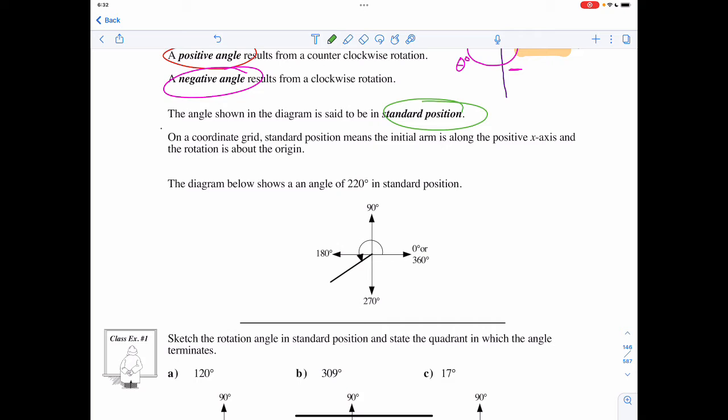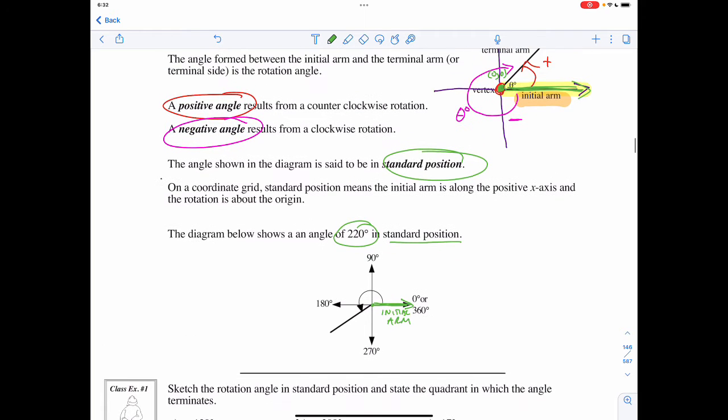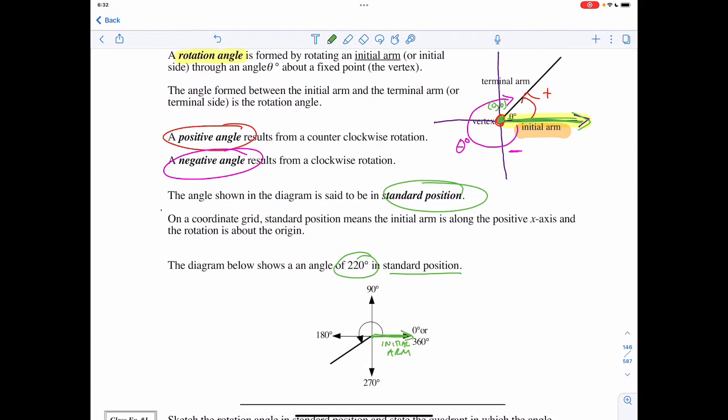We can see what this would look like if I had a 220-degree rotation in standard position. So I have my initial arm here. I have my terminal arm over here.